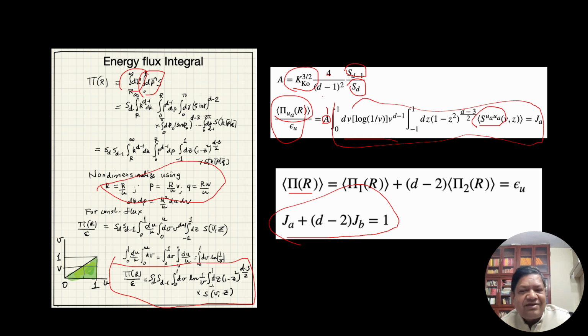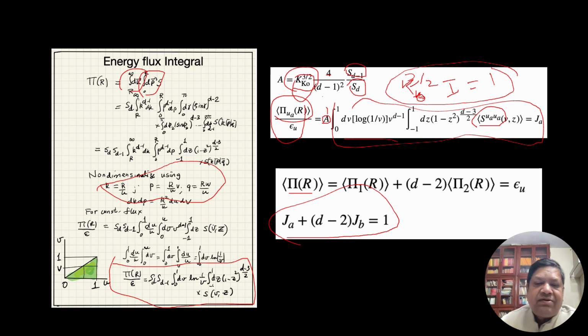If I do everything right, then I get k naught^{3/2} multiplied by a number, equal to 1. So k naught^{3/2} times some I equals 1. This I will be a function of S_d, d minus 1, and so on, but this is computable. This is coming from all this algebra.